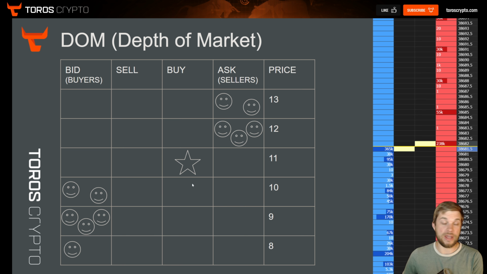However, the other option is that the passive participants can notice the price has moved up. They've noticed the change in price and they can adjust their bid or their ask to reflect that movement in price action.